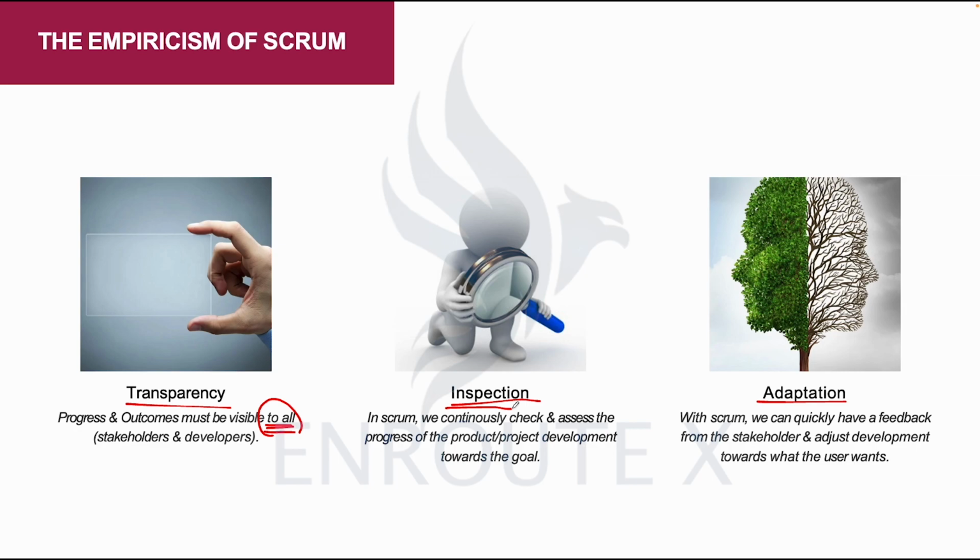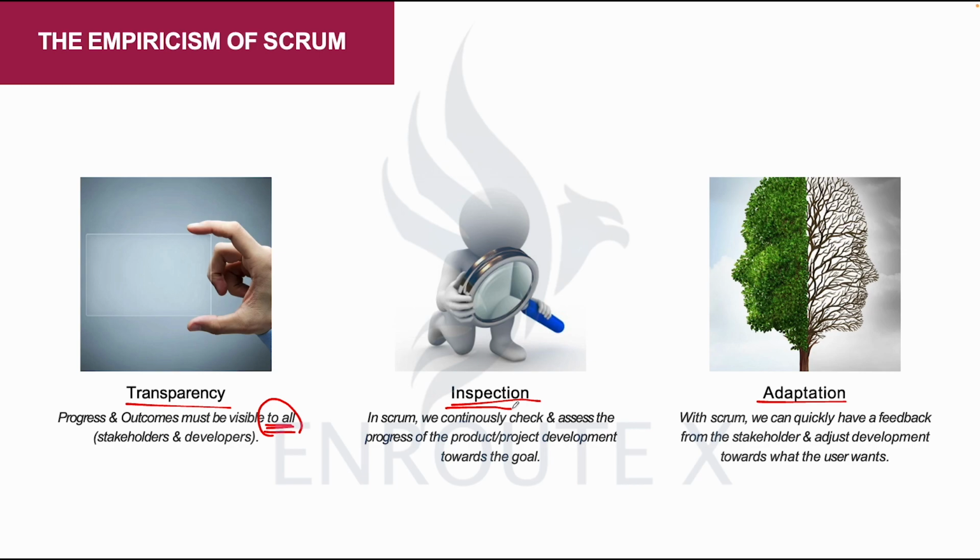In latter classes, we would unveil all these events and we'll dive deep into them. But at this level, just know that inspection is carried out through some of these ways.